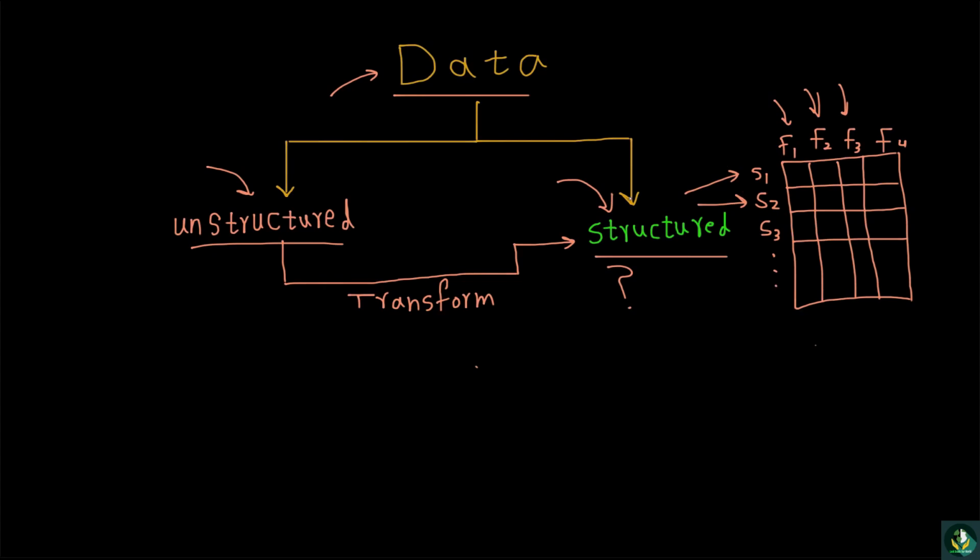Okay? So, now what is unstructured data? Let's say that our dataset is an unstructured dataset. What does that mean? It means that our dataset is not a tabular dataset. In this case, you should convert it into a structured dataset. Okay? Now let's see if our dataset is a structured dataset or an unstructured dataset.